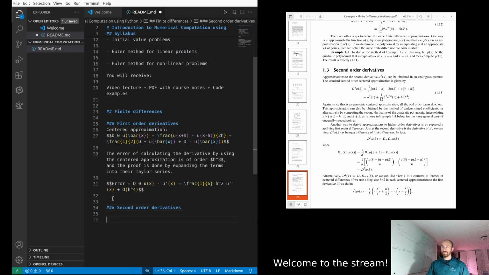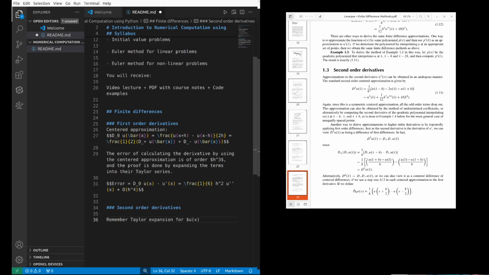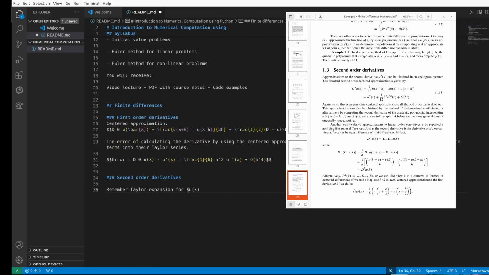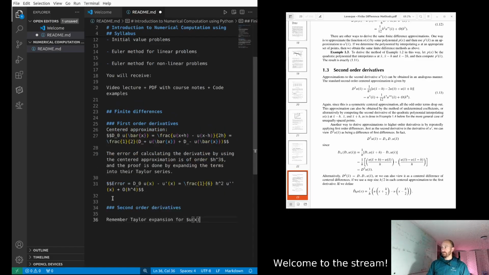If we remember the Taylor expansion, so remember the Taylor expansion for a function u of x, right?